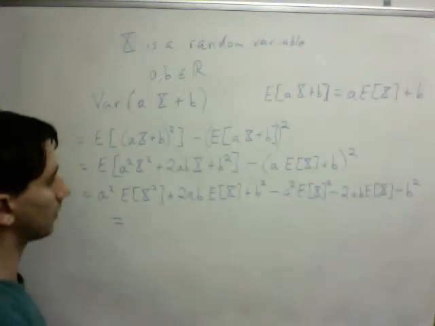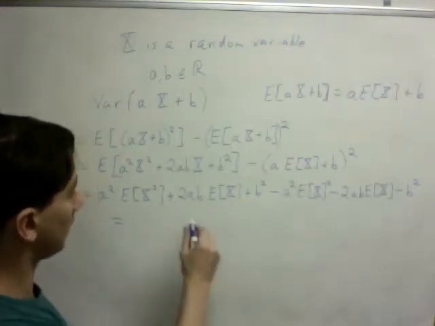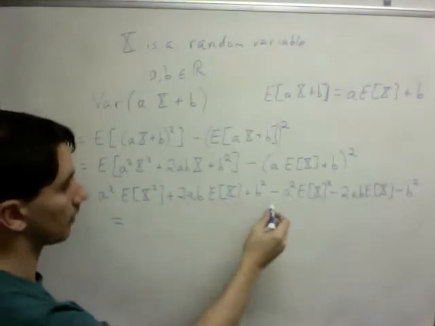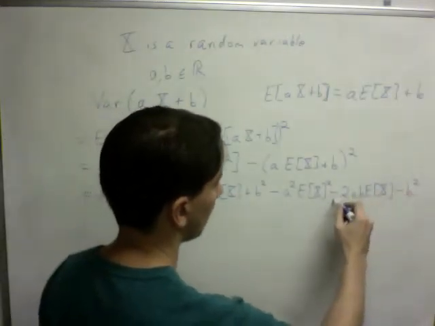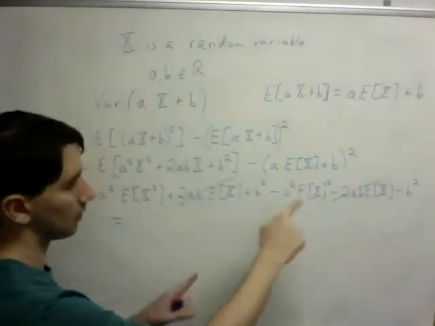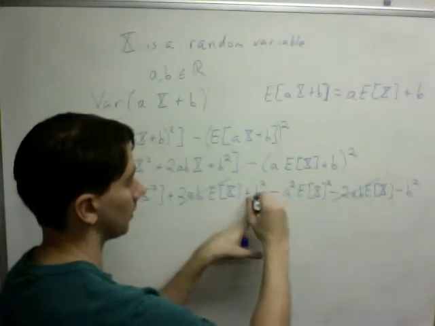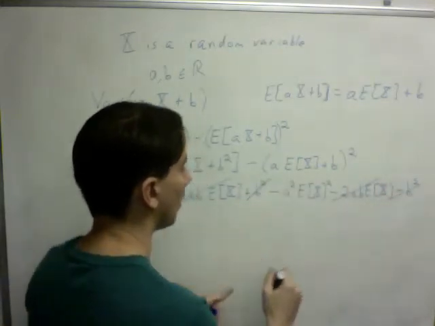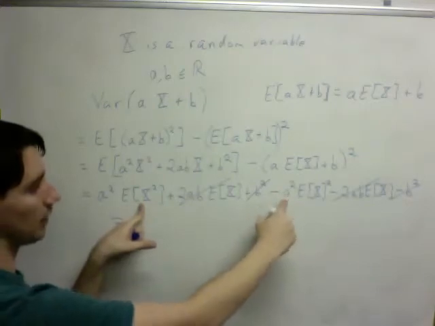Okay, and so what happens? Well, we can cancel some things. We have 2ab E of X and minus 2ab E of X. So these two cancel. We also have plus b squared and minus b squared, so these two cancel. And now here we have a squared E of X squared and minus a squared E of X squared.